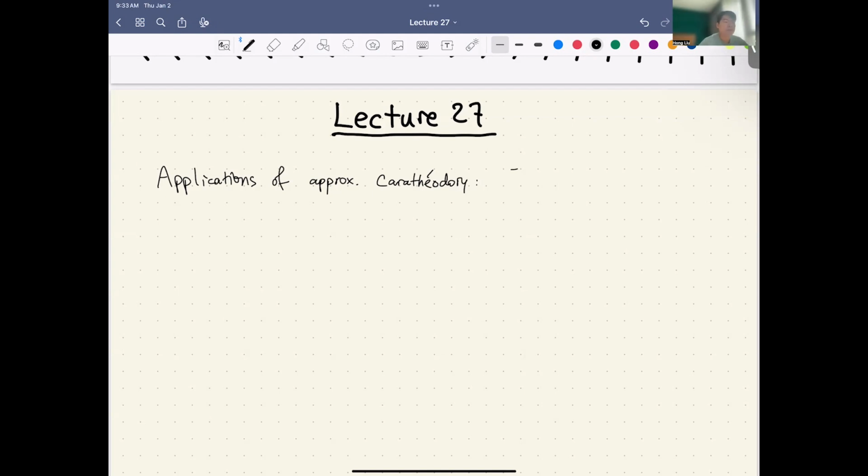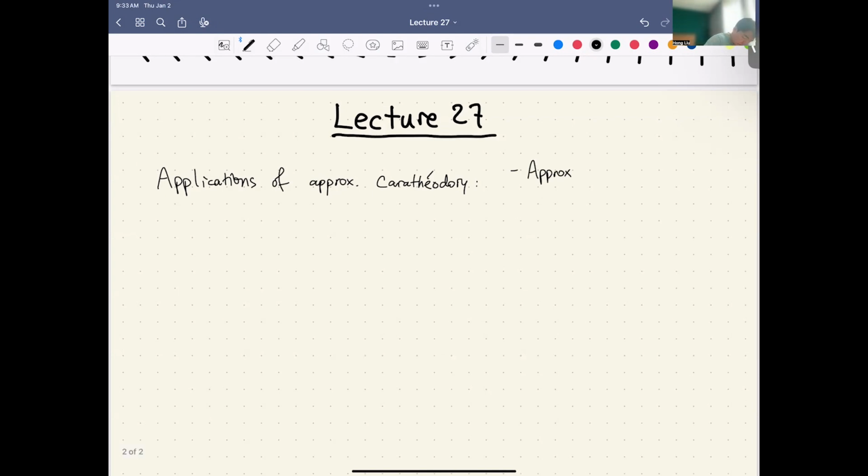One is they used it to find approximate Nash equilibrium in game theory. Some algorithmic application: approximate Nash equilibrium.